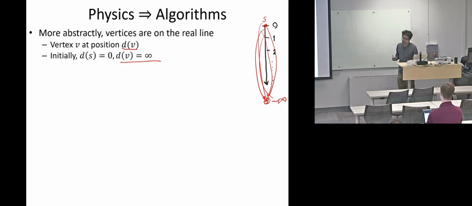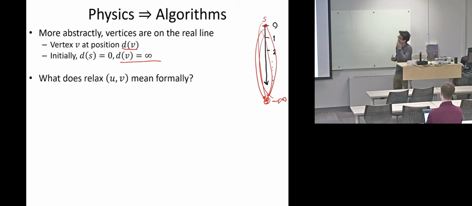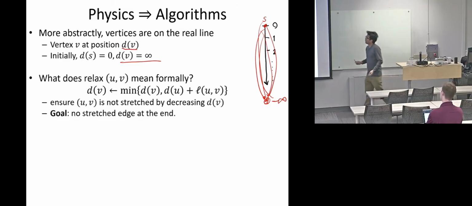We're going to try to relax edges. And what does that mean formally? To relax an edge UV means this: we're going to ensure that the edge UV is not stretched by decreasing the position of V. So I take the position of V and try to decrease it, by how much?